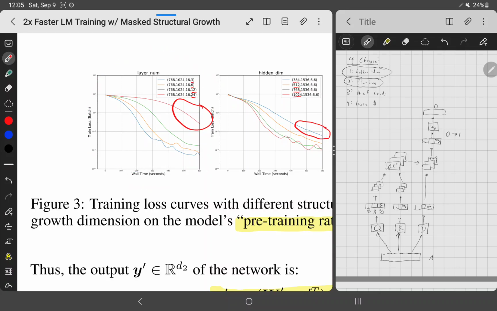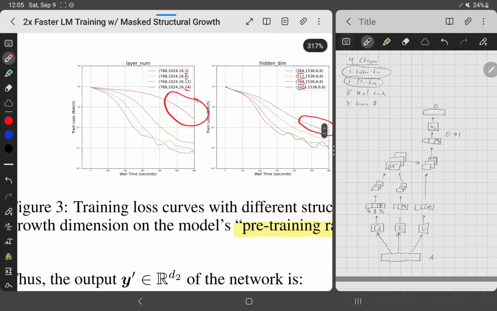Wall time in seconds for 600 seconds. This is some arbitrary amount of time, and they just kind of stop it here. And they say if we initialize with 3 layers, 6 layers, 12 layers, or 24 layers, how does that affect the initialization? Basically, you want this to have fast convergence upon initialization, because we're going to increase these values anyways.